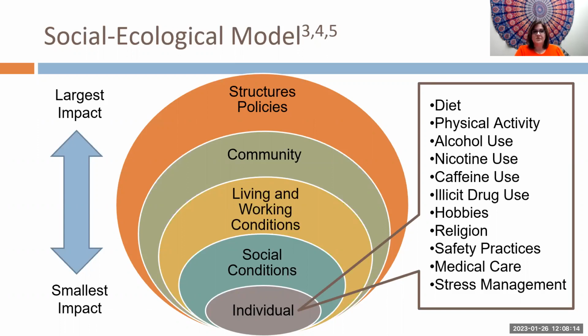According to the socio-ecological model, we can have the largest impact on health behavior change at the structure or policy level, and the smallest impact at the individual level. Individuals may have control over certain lifestyle and behavioral characteristics, such as those listed here, but individuals don't have direct control over structures, policies, and communities, for example.